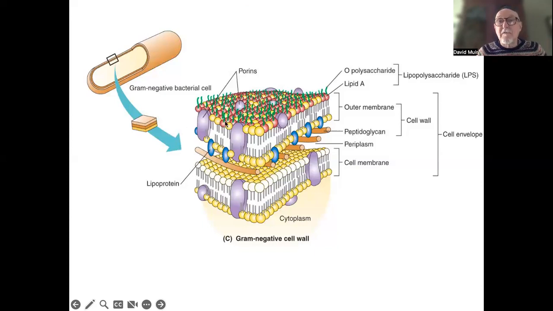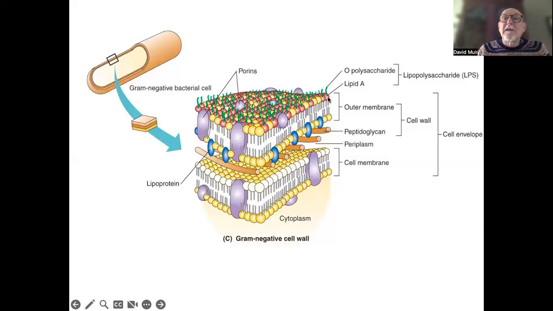Not all of the components here are lipopolysaccharides, but many of them are, and they are referred to as lipid A. And lipid A is here in the outer leaf of this outer membrane. So the structure is rather similar to the cell membrane, but in fact, its components are quite distinct.